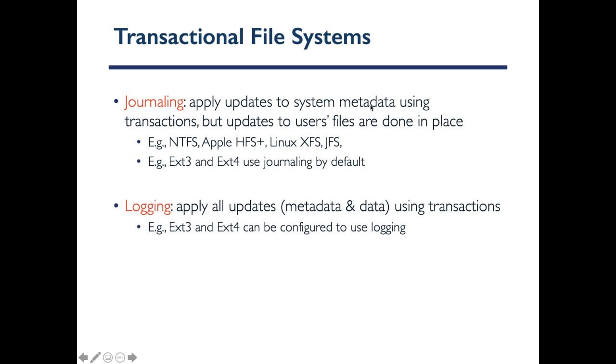So every time metadata is being changed, and by metadata I mean anything other than the actual user files, data blocks: file directory, all the indirect blocks, everything about inodes, everything about access control, everything other than the actual user file data blocks, you use transactions on them, and that gives you journaling.